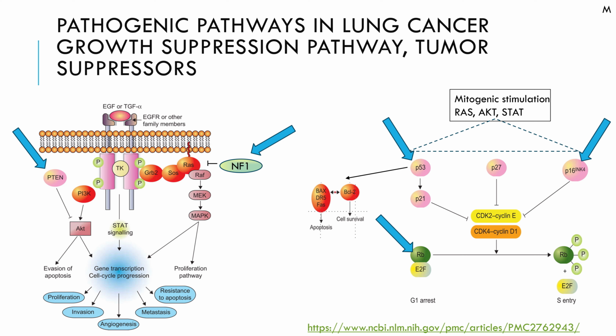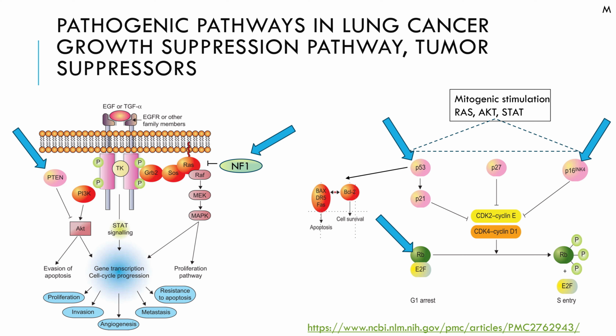NF1 and PTEN act very close to the beginning of the cell signaling process. There are other places in the cell where tumor suppressors can play a role, and that is closer to the nucleus.